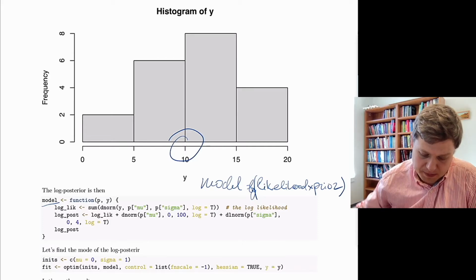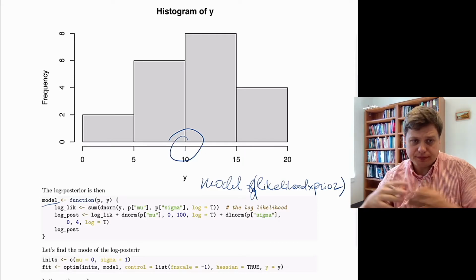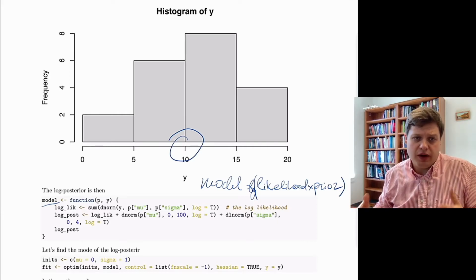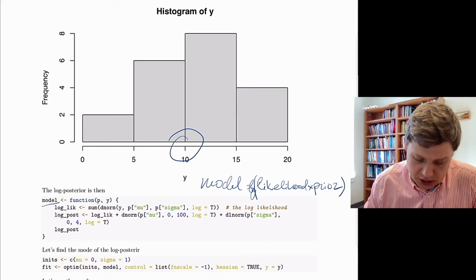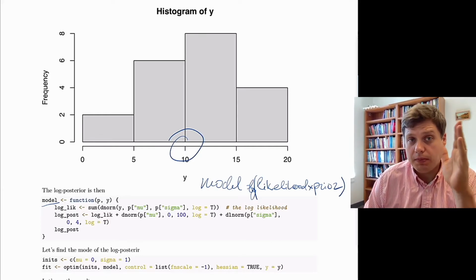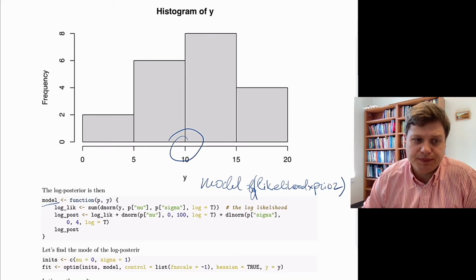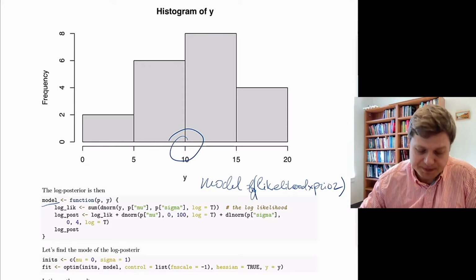Again, we take the log, so things become more computable. We have sums versus the products, and calculating the posterior mode becomes easier computationally. And you remember the mode does not depend on whether you take the log or you do not take the log. Log is just a monotonically increasing function, so it doesn't change the solution to the maximization problem.